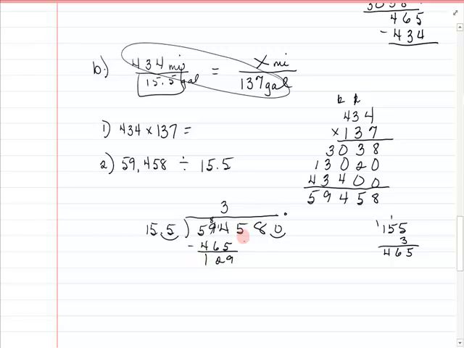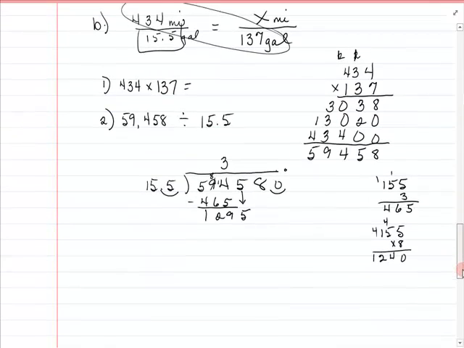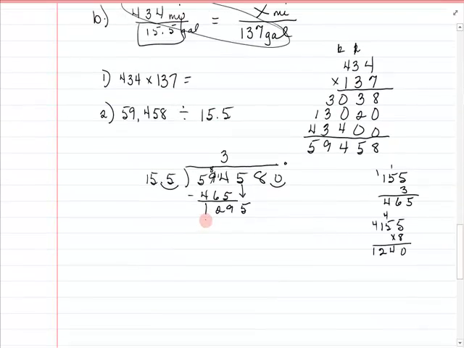I got 129. Bring down the 5. Maybe that's where I had my mistake last time. But I think that, let's try 8. 155 times 8. That's 40. Carry the 4. That's 44. Carry the 4. Okay, yes, I redid all of that, but I think my mistake was here.